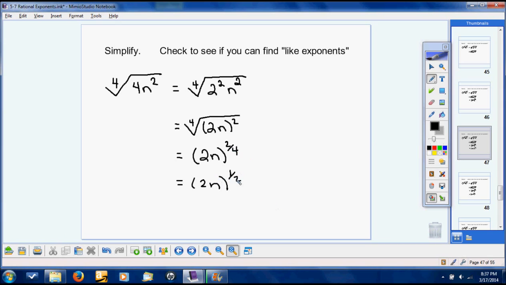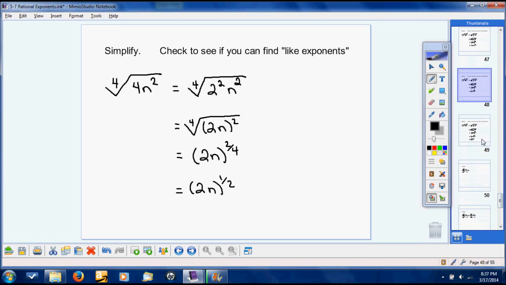Okay, so now the 2/4 has been reduced to 1/2. And you can either leave it like that or you can write it in its root form. Here's the root form. Square root of 2n. So that this is now completely simplified.